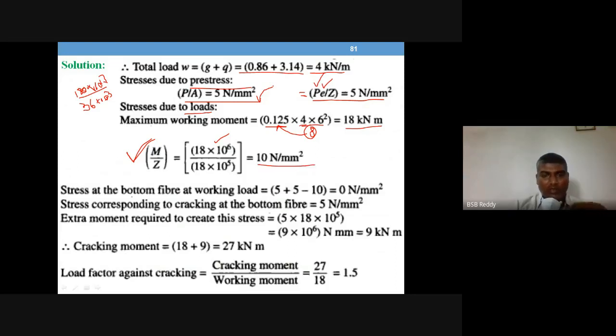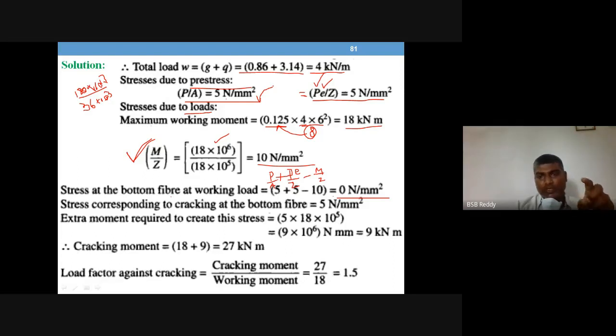Now, what we want is stress at bottom. What is stress at bottom? It is P by A, plus PE by Z, minus M by Z. So this is due to pre-stress and this is due to loads.